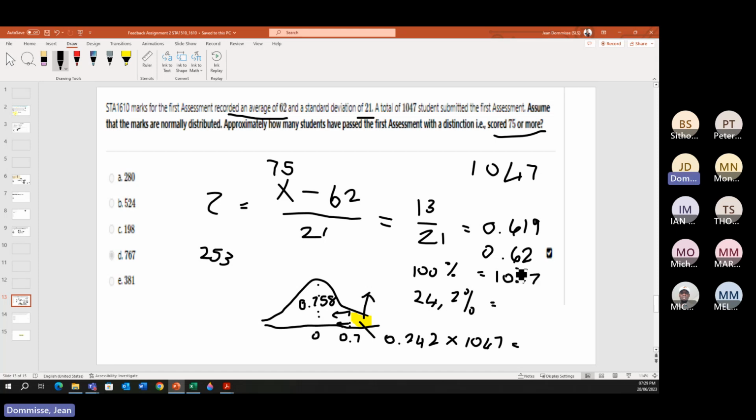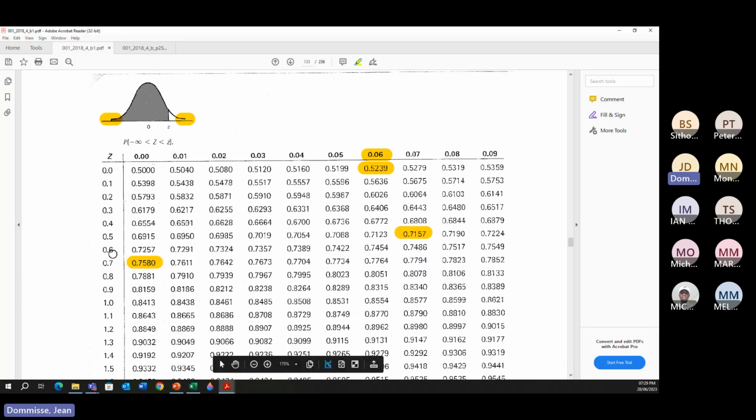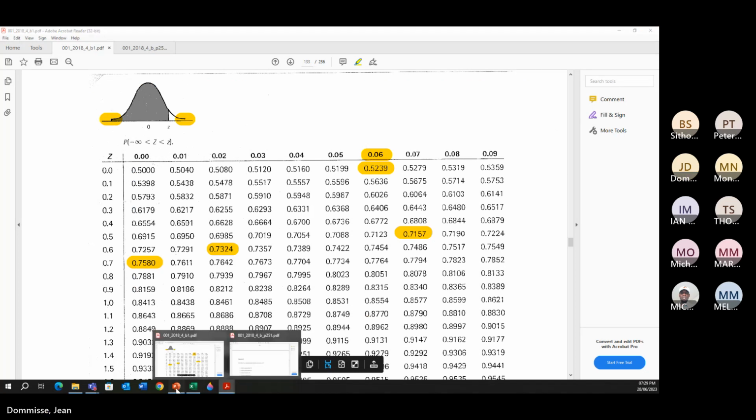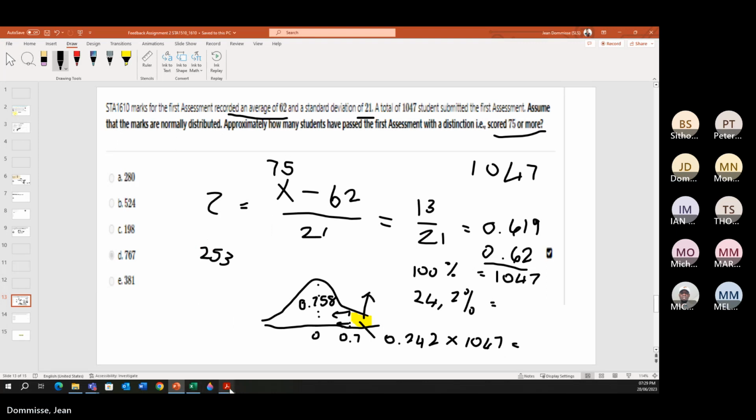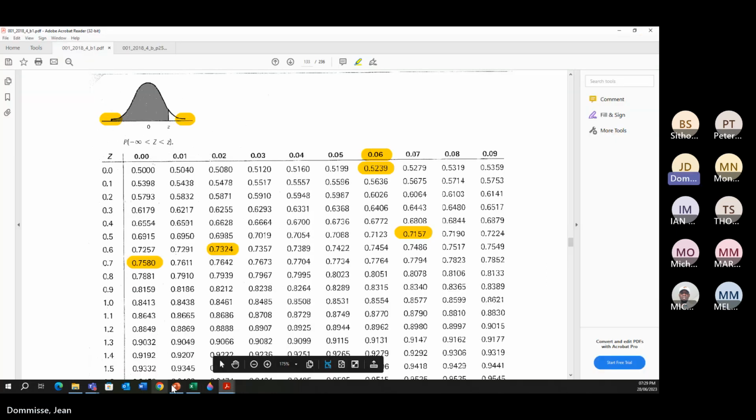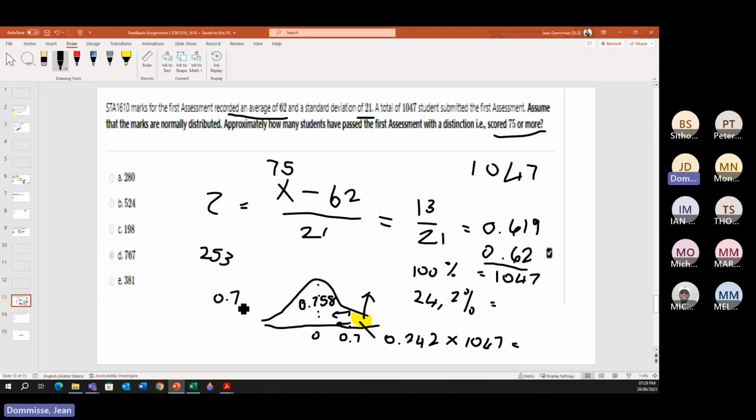Okay, Z 0.62 gives 0.7324. Okay, so that is actually 0.7324.